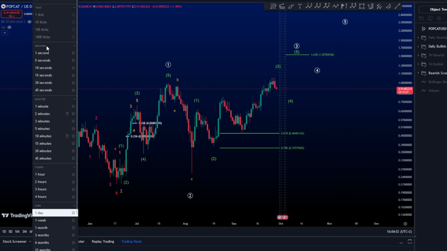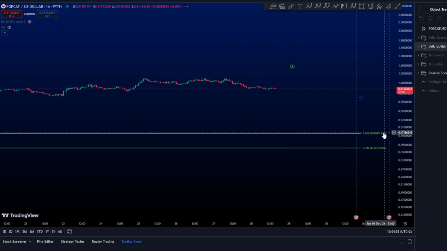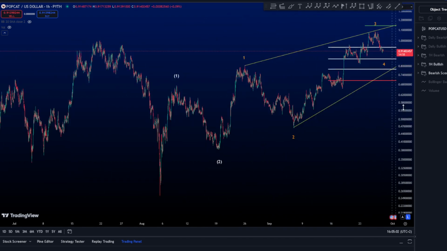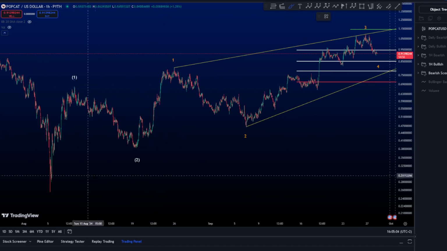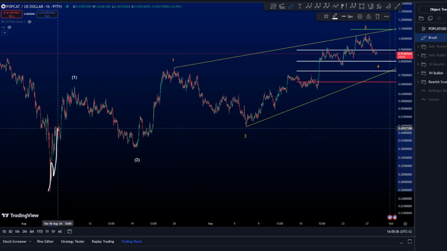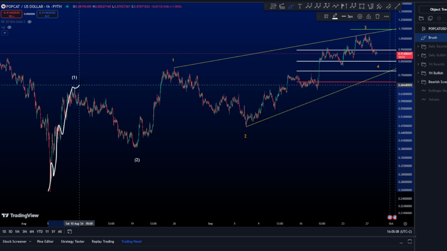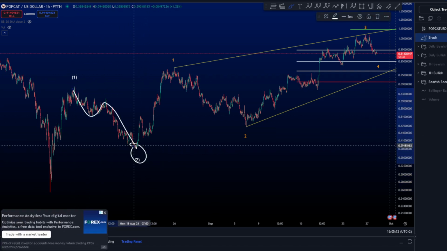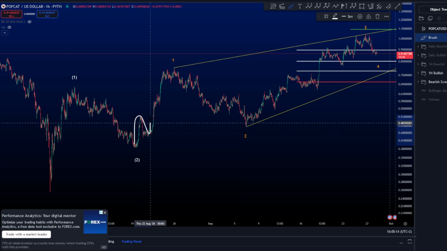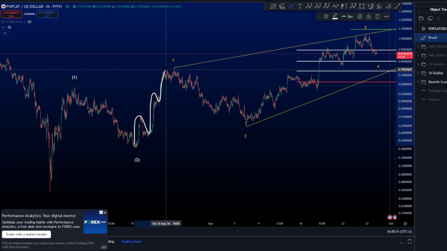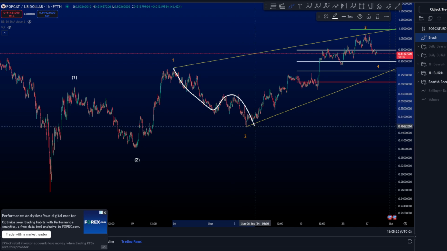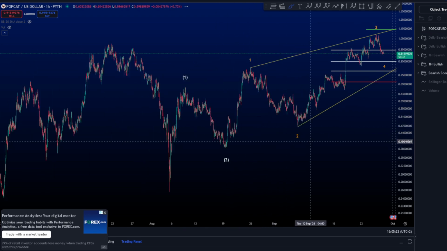Now, looking at the 1-hour chart, we can see that we are in a very bullish scenario, where we can read exactly here an impulse 1, 2, 3, 4, and 5, finishing a wave 1, having 3 waves towards the downside for a wave 2. After that, we have seen another impulse 1, 2, 3, 4, 5, finishing again a wave 1 in orange label, and 3 waves down for a wave 2.